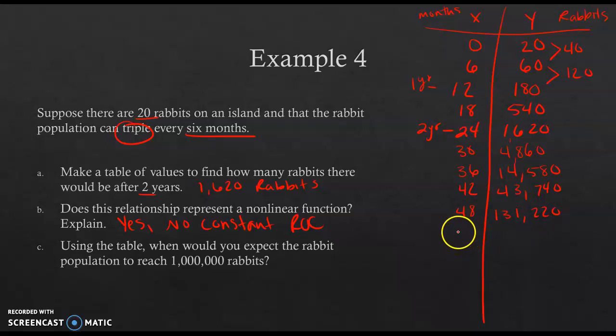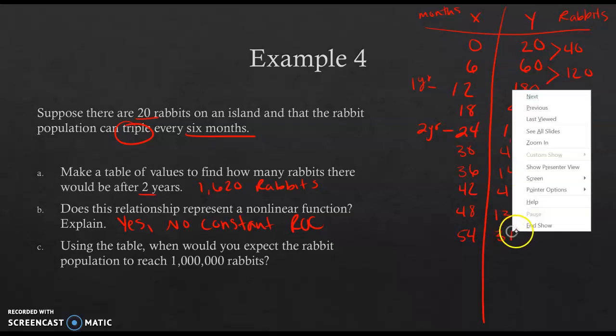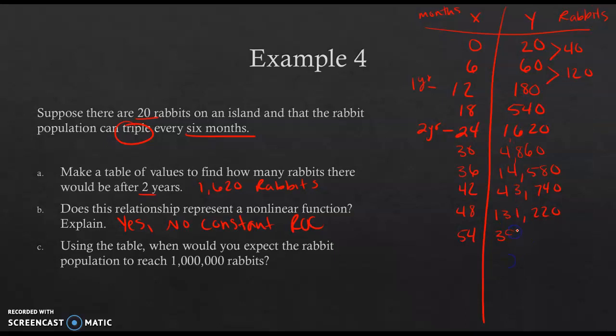Add another 6 months, we're at 48 months, in which we've made it to 131,220. And then add another 6 months, we're now at 54 months. And that is 393,660. And then we get to add another 6 months.